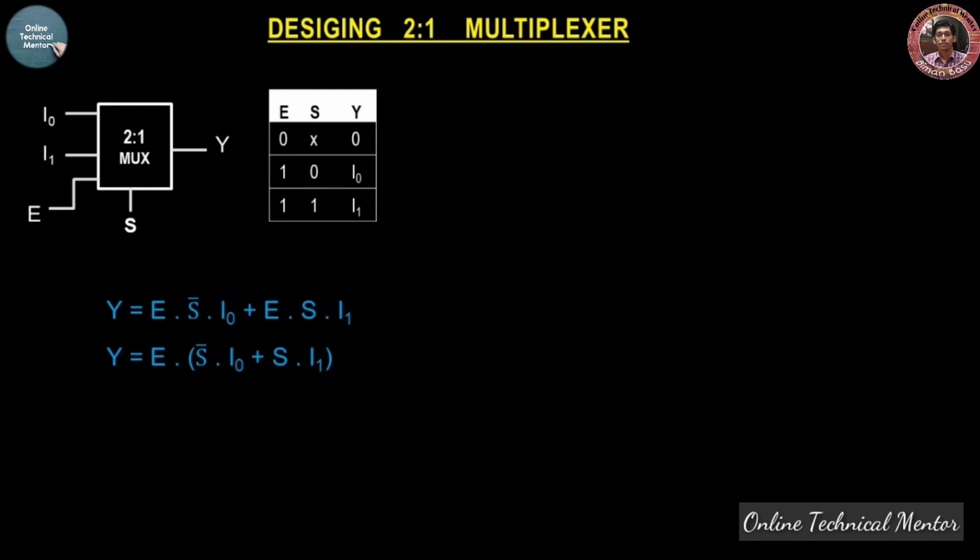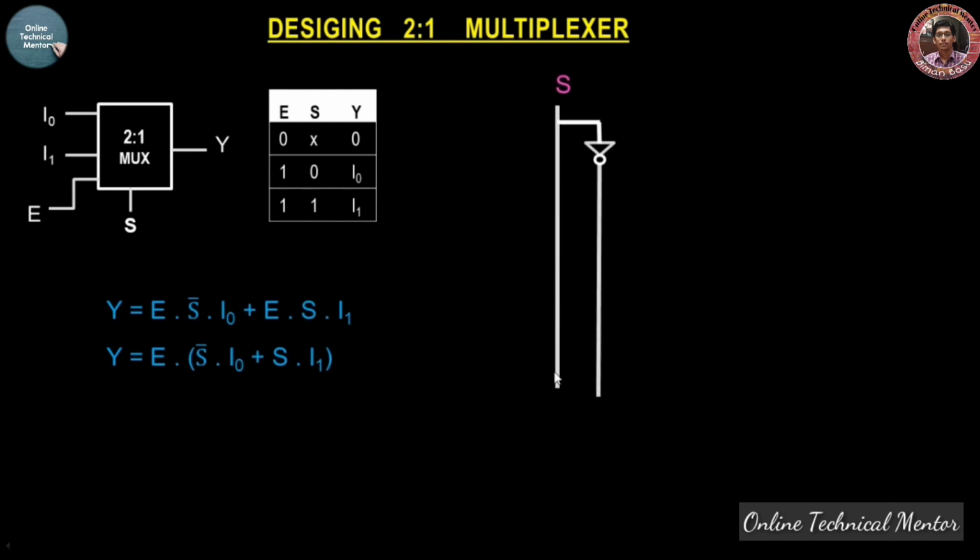Now we are going to draw the logic diagram of this 2:1 multiplexer. First, draw the selector line S. In my expression, there are two conditions, S and S bar. So for that, you have to draw S and S bar lines.